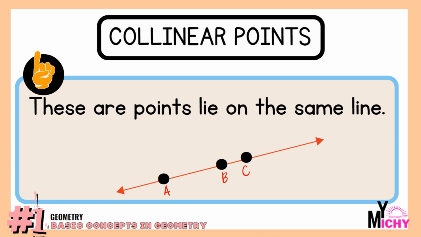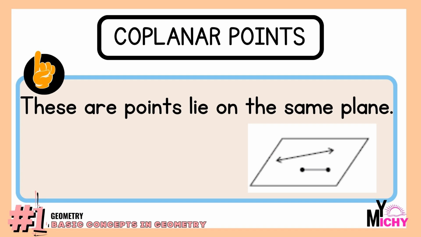Next, if we have collinear points, we also have coplanar points. These are points that lie on the same plane. So when we say collinear, they lie on the same line. Coplanar, they lie on the same plane. So we have here this plane. For example, we can name this as plane A. Coplanar points lie on the same plane.